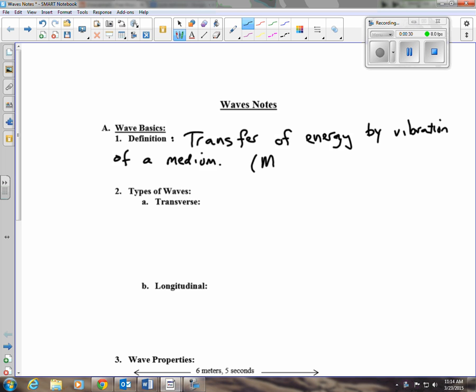Now the word medium is the material the wave travels through. Okay, so a water wave is traveling through water, that's the medium.